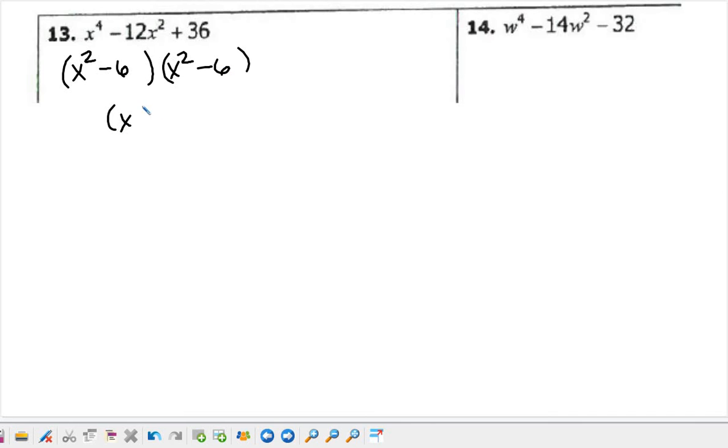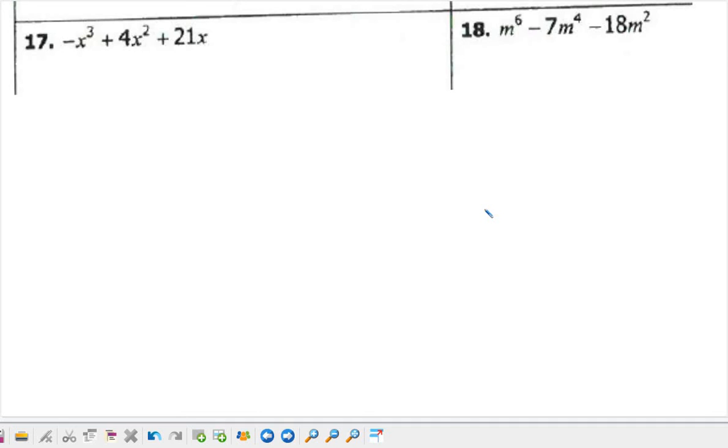Which you could write as squared if you so desire. Of course, that's not really factored, but if you were using this as a method for solving, it may be easier to work it that way. Okay.